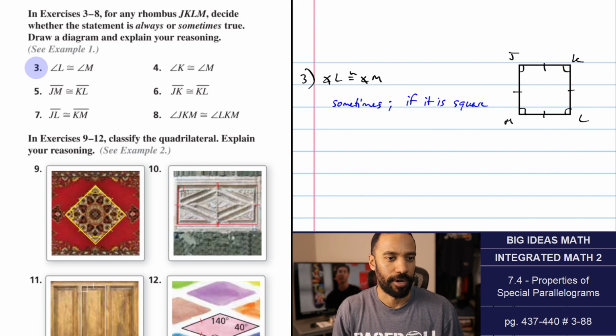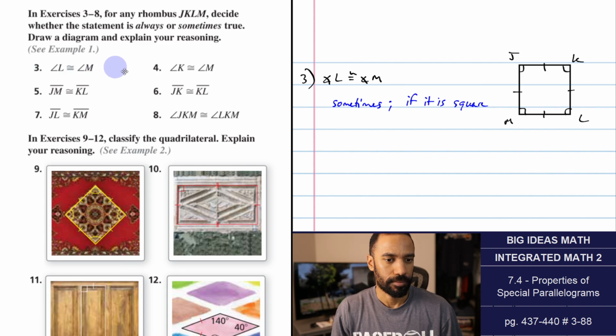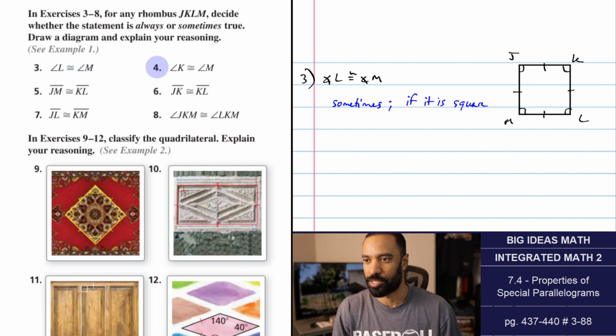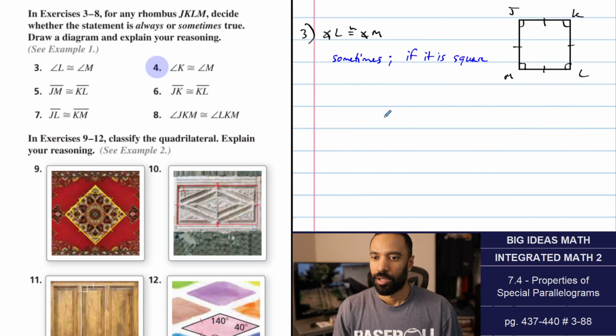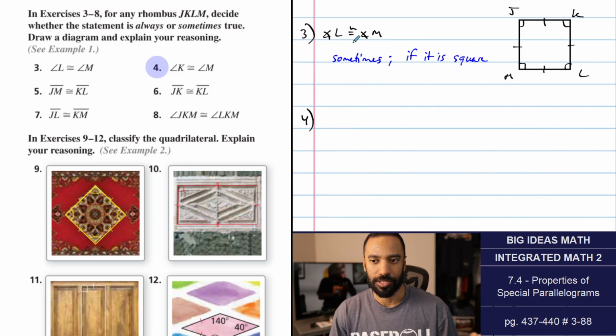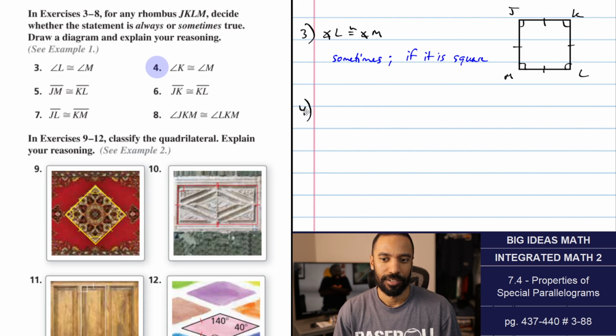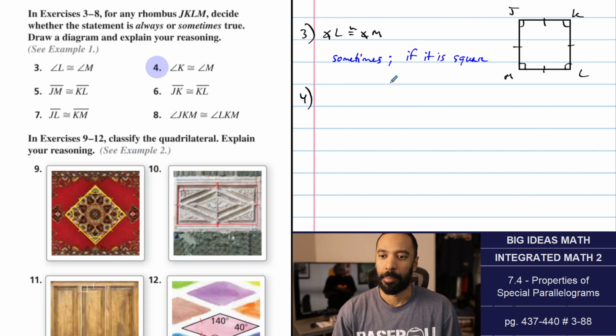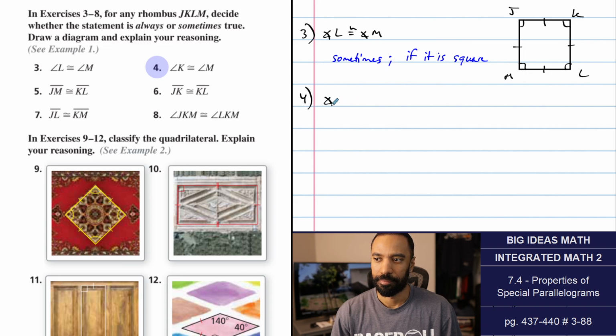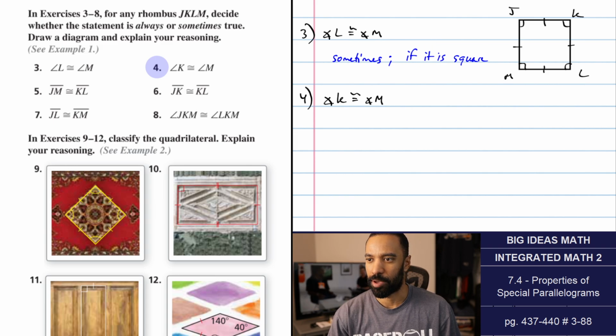All right, number 4. Angle K congruent to angle M. See, in the sometimes case, they're not congruent if it's not a square, if that makes sense. But angle K congruent to angle M, well, this is always going to be true for a rhombus. So, again, getting back to my rhombus look.